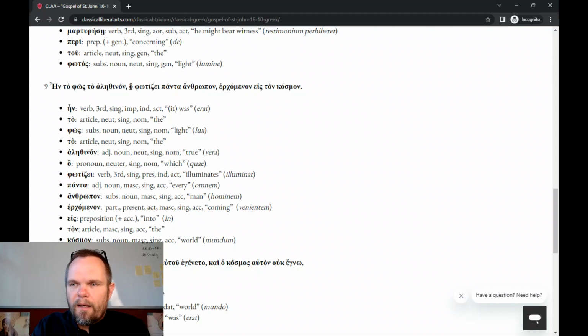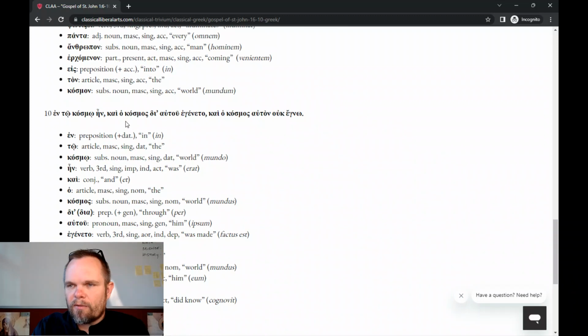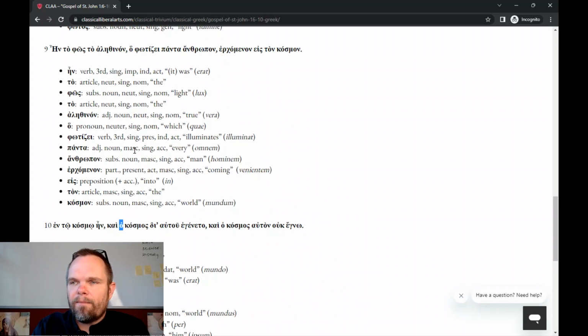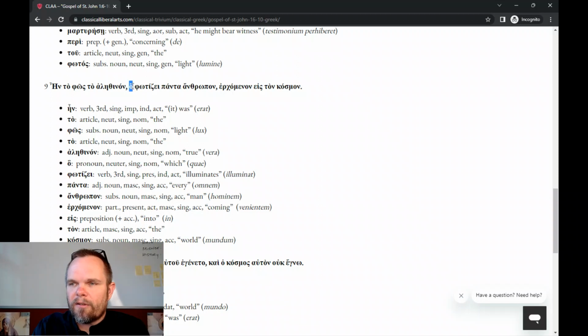Ho. Now, this may look like the article, as we see down here. Let me just show you this real quick. Down here in verse 10, we see ho kosmos, and this is the definite article, which is translated the. But that's not the same as this word here in verse 9. This word here, ho, is a pronoun. You can see the characteristics here.